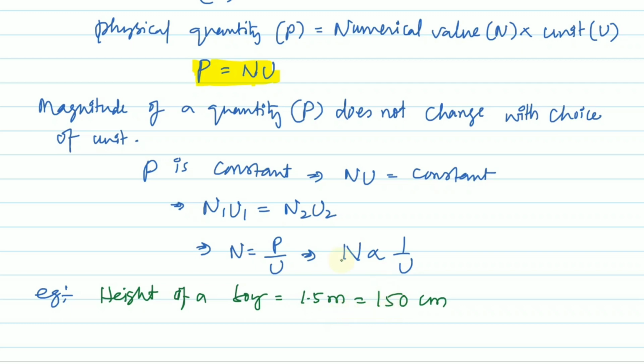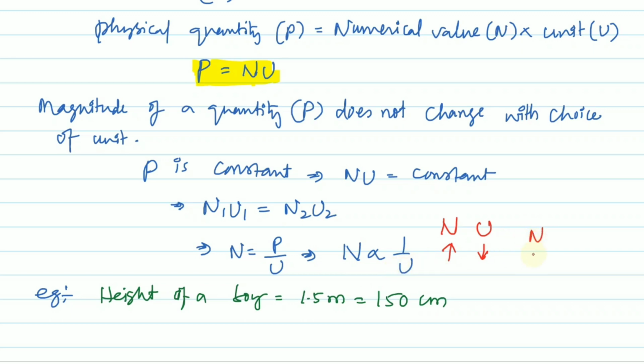As we have given the relation above, numerical value is inversely proportional to unit. If n is increasing, then unit is decreasing.